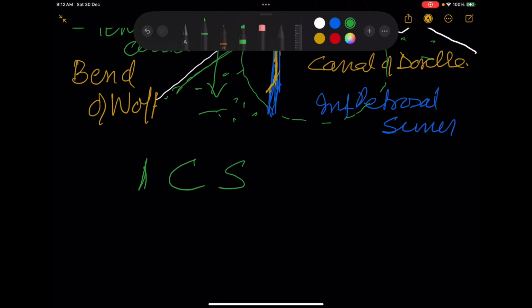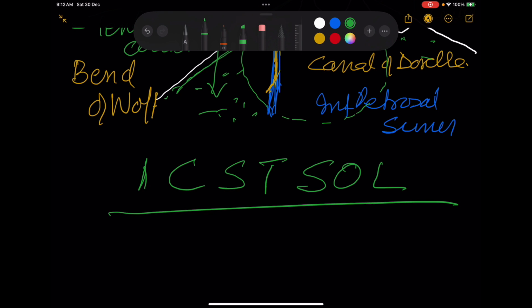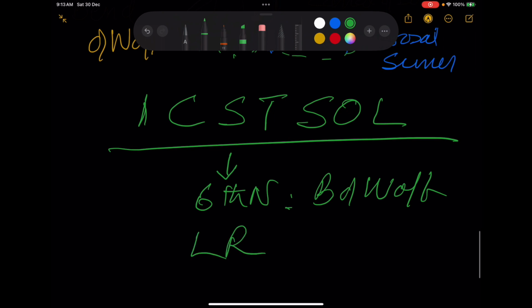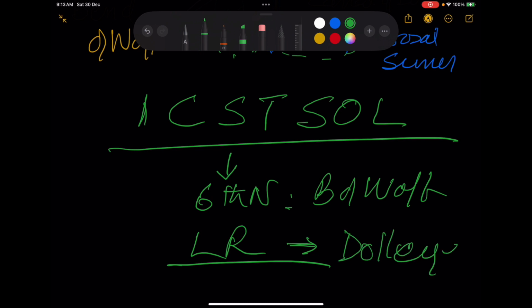Intracranial supratentorial space occupying lesion involves the sixth nerve at the bend of Wolf, causing paralysis of lateral rectus. And if the patient is unconscious, if you make the head move like a doll, say no, then you can detect this paralysis of lateral rectus, and that physical sign is called doll eye movement.